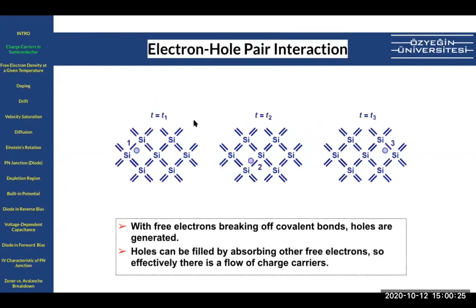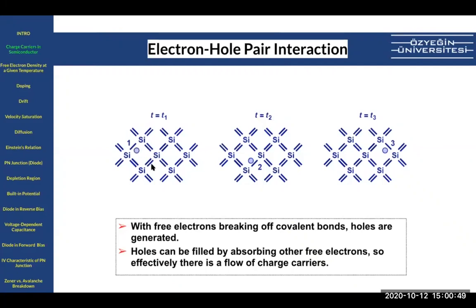For instance, when we look at these different electrons, we need to know what the electron-hole pair interaction is. When an electron is released, let's say at t equals t1, when that electron gets out of that bond, that leaves a hole at that bond.